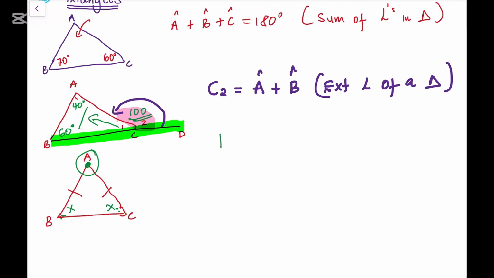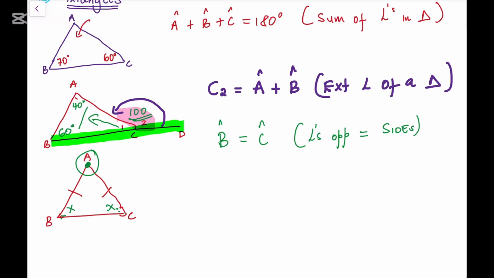So angle B for an isosceles triangle is always equal to angle C. The reason is that these are angles opposite equal sides. The angles opposite equal sides are always equal.